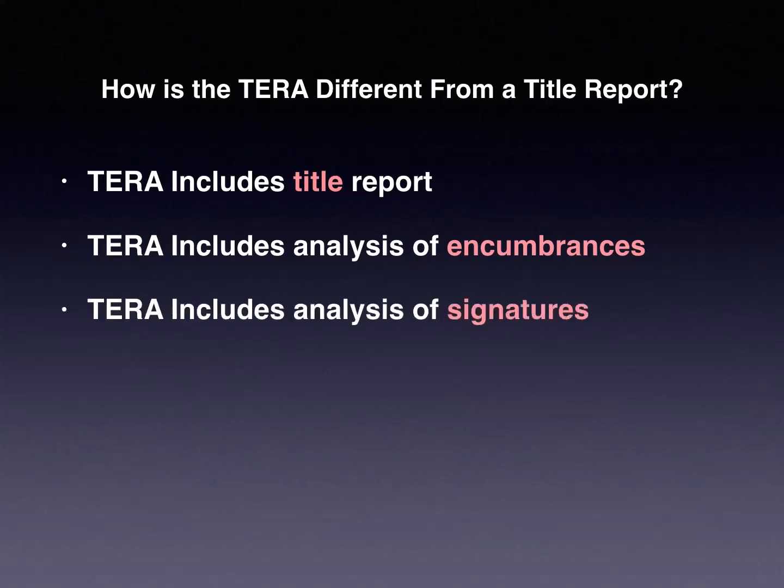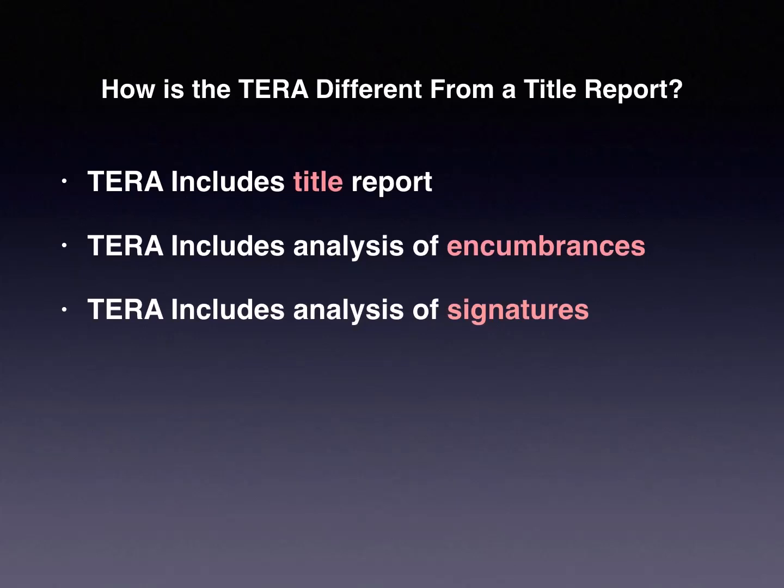TERA also includes an analysis of the signature blocks and the signatures. When somebody says they're signing on behalf of the XYZ Corporation, which is the successor by merger to the ABC Corporation, which is executing as attorney in fact for the 123 Corporation, that requires analysis.